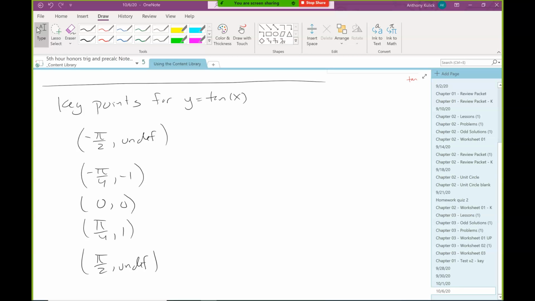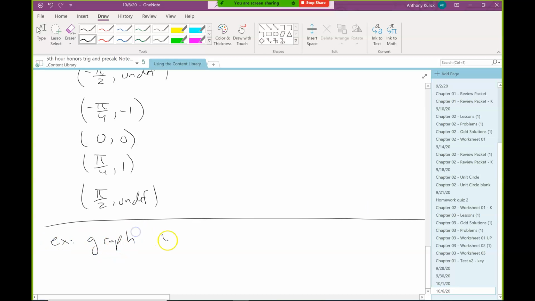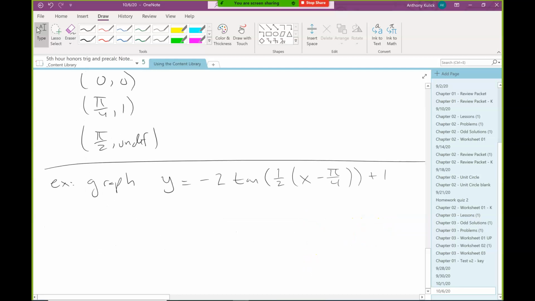So let's do an example. Let's say we wanted to graph this function here.